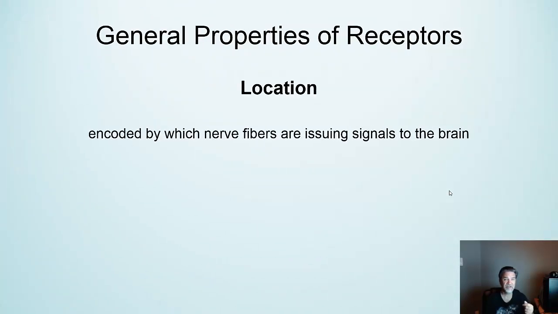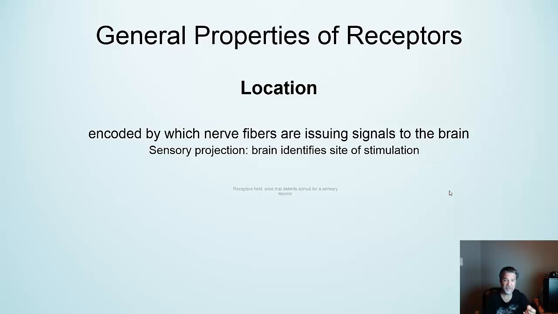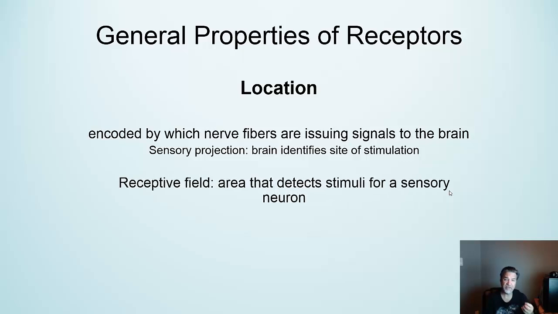Where is this at? Not what type of signal is it, but where is it coming from? And so the brain is going to work to identify where it's coming from, and if it's in an area that is particularly useful to the brain and its maintenance of safe environment, then it's going to respond to that much more quickly. So part of this has to do with what's called the receptive field.